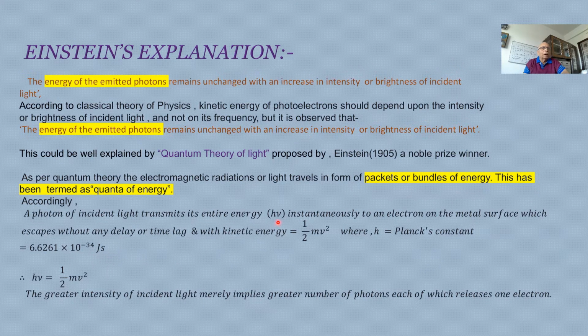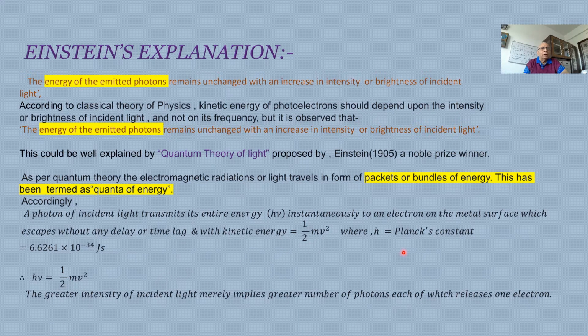And as this bundle of light strikes over the metal surface, it transfers all of its energy to the metallic surface, and without any delay, immediately the electrons are released with a kinetic energy half mv square.